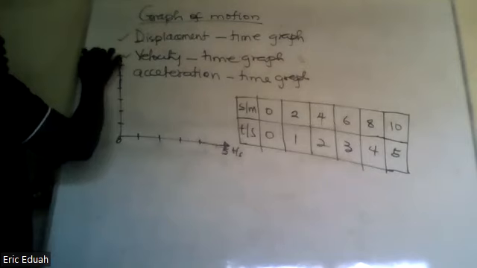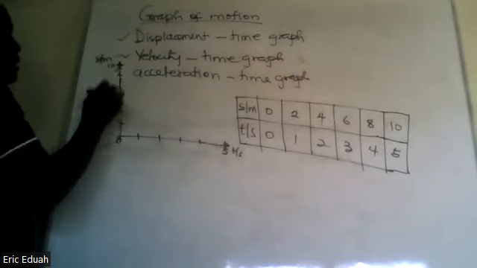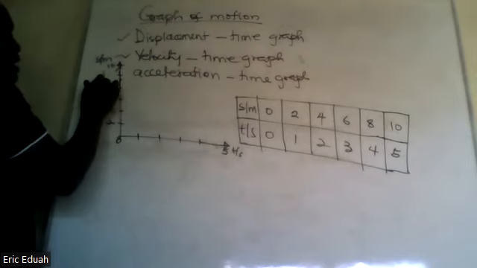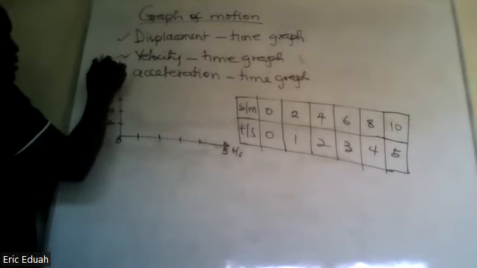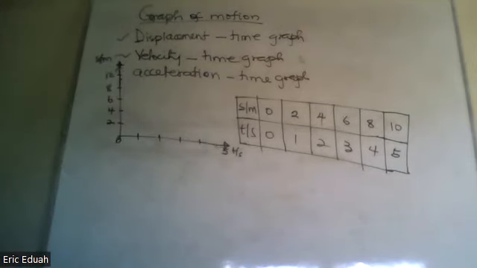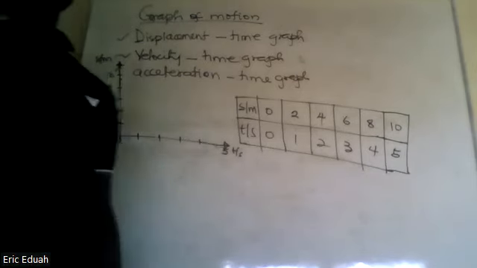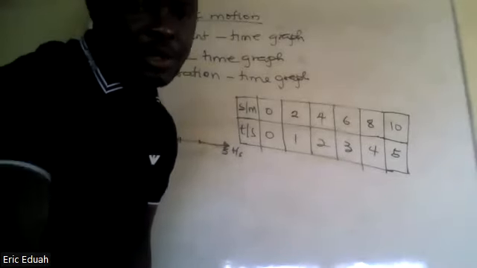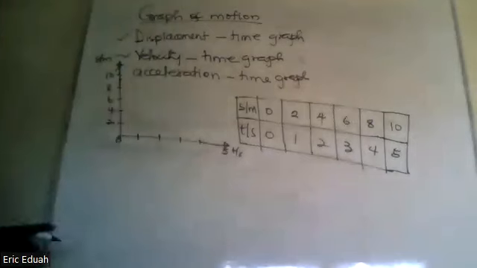This is the distance or displacement. So 2, 4, 6, 8, 10. Okay, so let's plot such a motion.